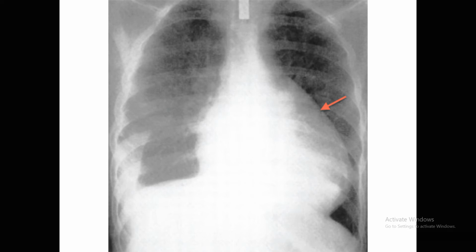Usually the friction rub demonstrates three components: one systolic, related to the ventricular contraction, and two diastolic components. An early diastolic component due to the rapid filling of the ventricle, and a later diastolic component due to the atrial contraction.